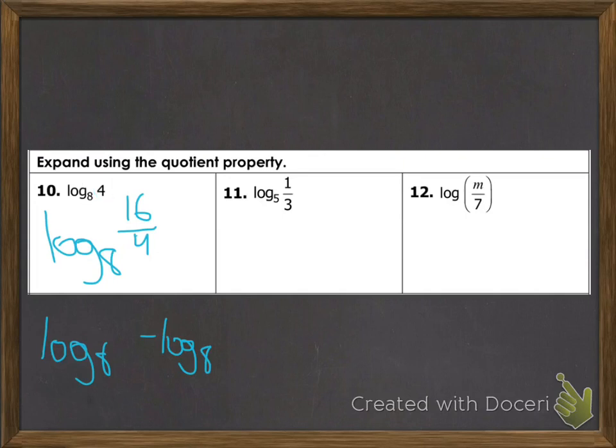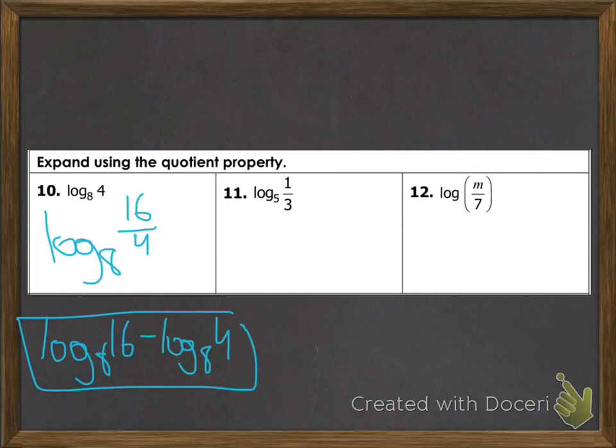So then our final answer would be log base 8 of 16 minus log base 8 of 4. My mistake, it should be 4. This is also a potentially correct answer. There are multiple options, so I'll go ahead and stick with this one.